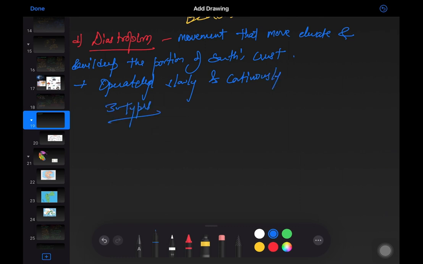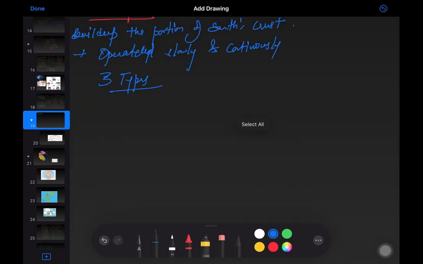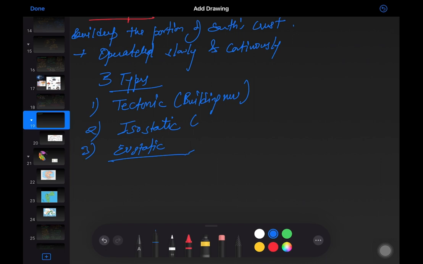The diastrophic movement is of three types. First is tectonic movement, then isostatic movement, eustatic movement. Tectonic movements are the movements responsible for building new. Isostatic movement is responsible for balancing of already created structure.